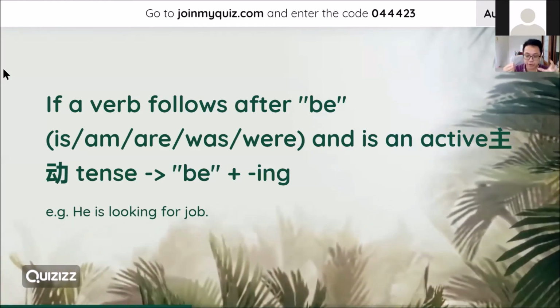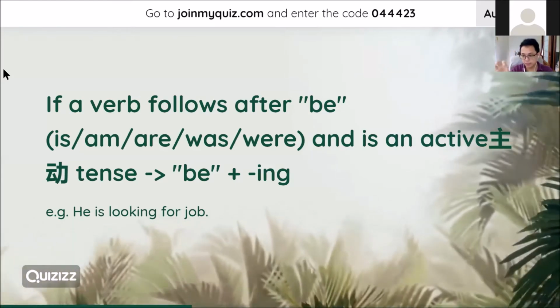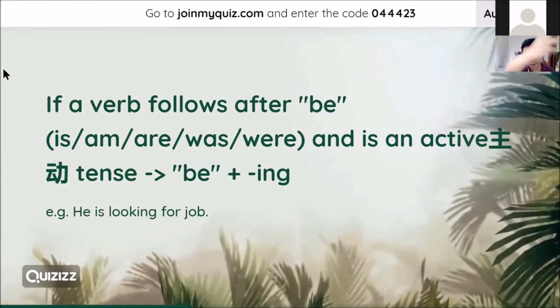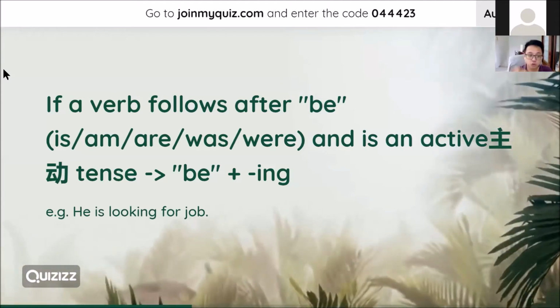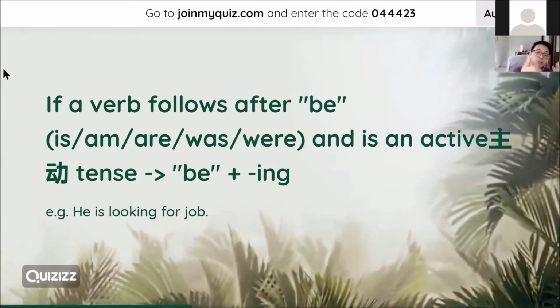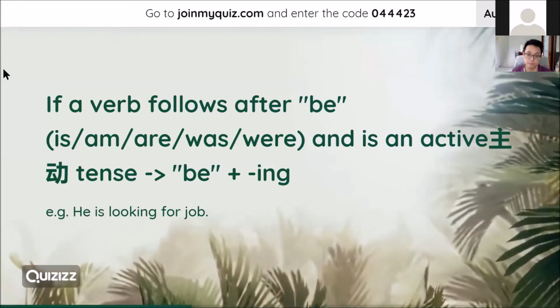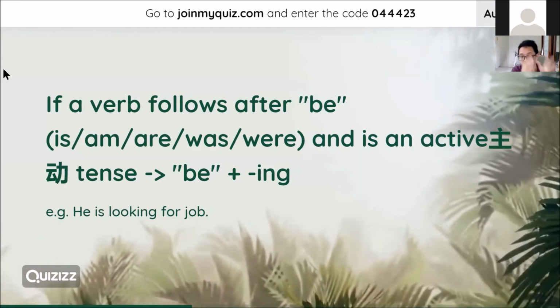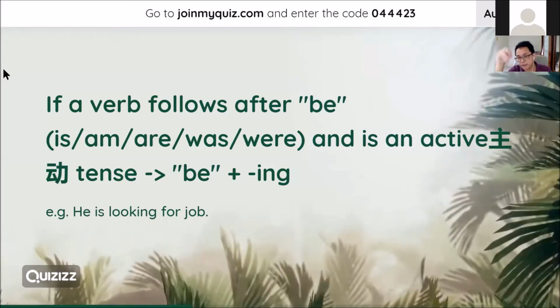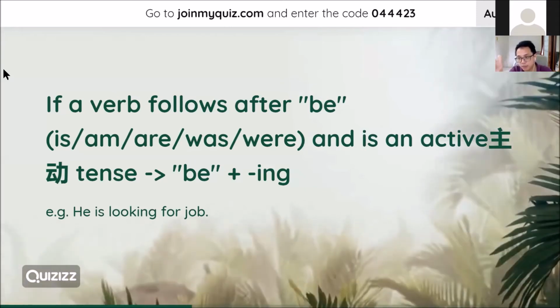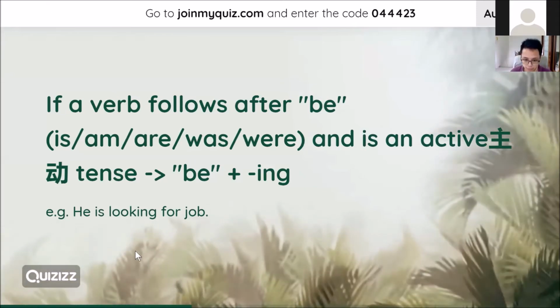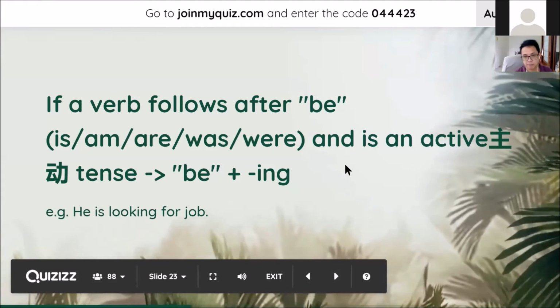The schools are graduating students. 他们学校给他们毕业，他们主动给他们毕业的。So they were graduating students. 如果 is, am, was, were 后面有主动的动词的话，它动词变成 ing. OK, next one.